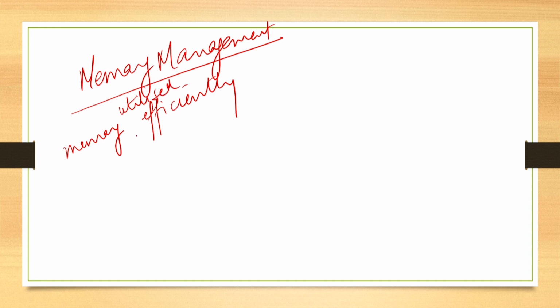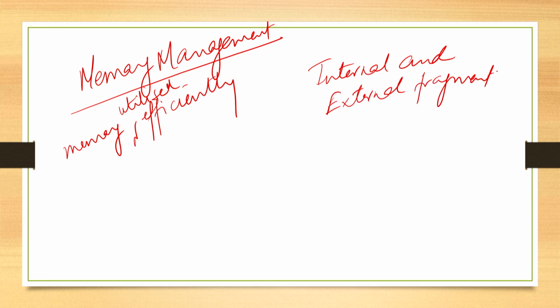So, how it can be utilized efficiently? For that you have to remove what? The internal and external fragmentations. If this is removed, then the memory is utilized efficiently.